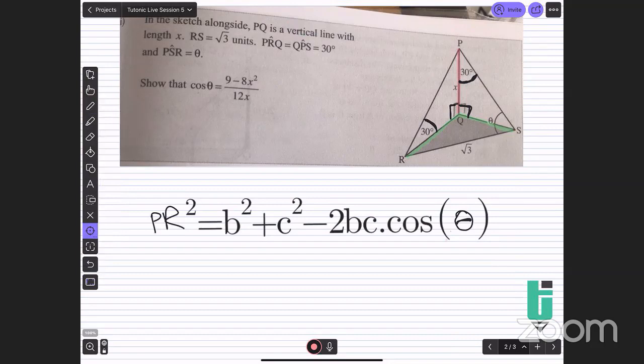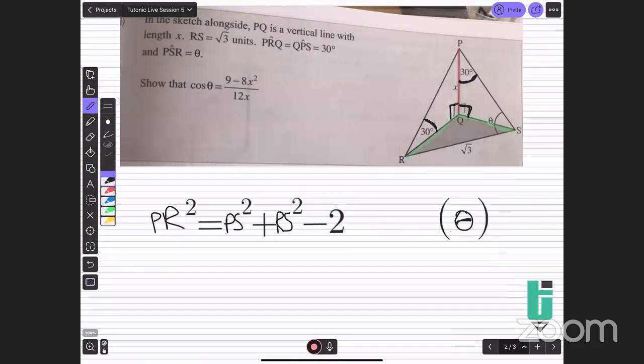So if I say cos theta, theta is opposite PR, so that's what's going to be over here. And then what are b and c going to be? Just the other sides of the triangle. So it's going to be PS and RS, so we can just erase all this stuff here.